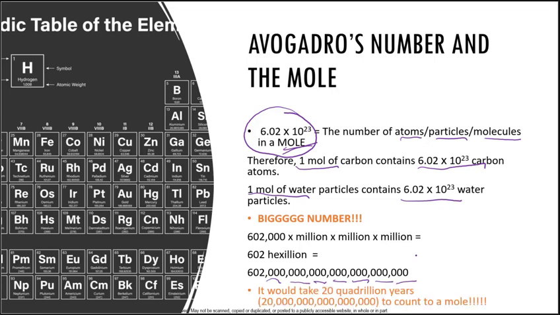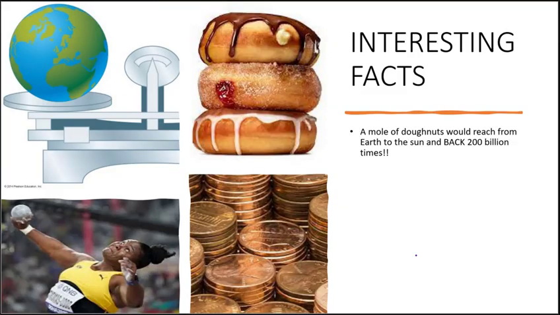If you tried counting this, it would take you 20 quadrillion years to count to a mole. Obviously, this has not been done, but I'm sure that somebody was timed counting 1, 2, 3, 4, 5, 6, 7, 8, 9, 10, and so on for a certain amount of time, and then multiplied that by 6.02 times 10 to the 23rd, and it would take 20 quadrillion years.